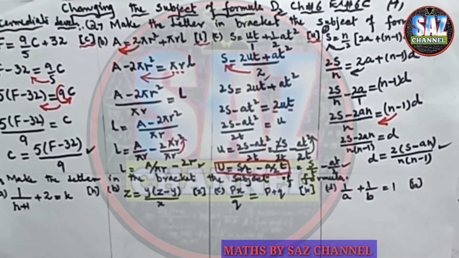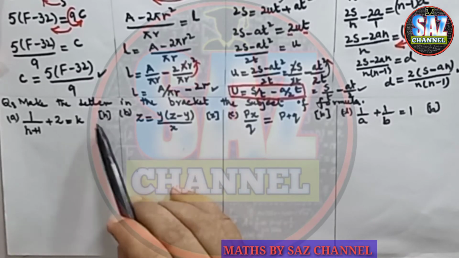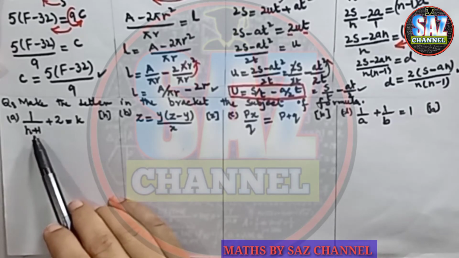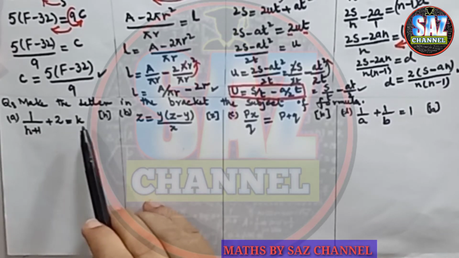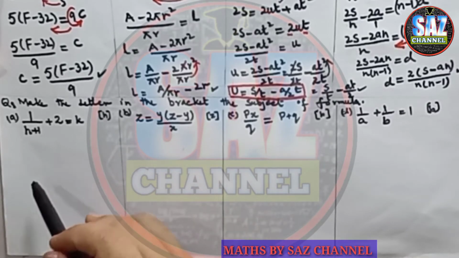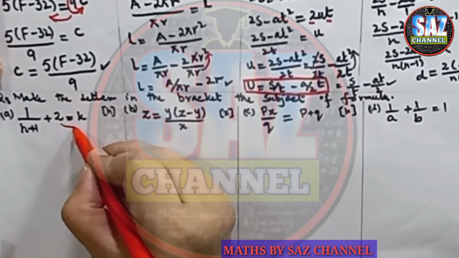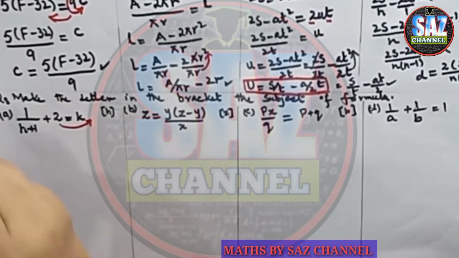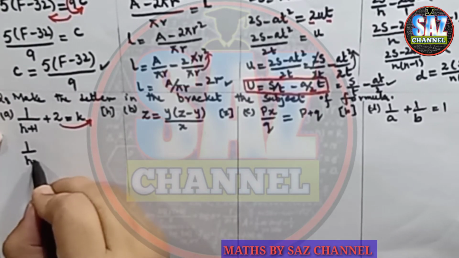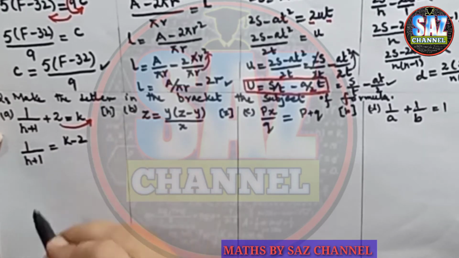Let's move to question number 8. The main question is that we have to make the letter which is indicated in the bracket the subject of formula. For the first part, the question is 1 over h plus 1 plus 2 equal to k, and we want to make h the subject of formula. First of all, we have to shift this 2 to the other side, and the equation will take the form 1 over h plus 1 equal to k minus 2.